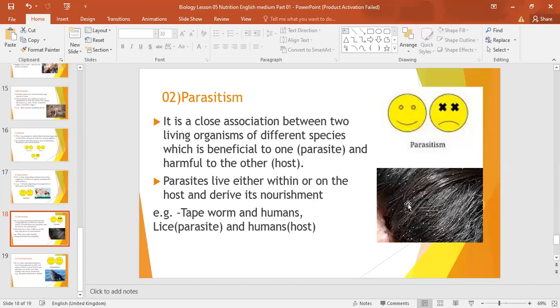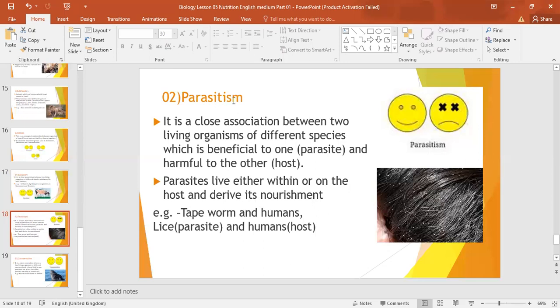But in some cases, like tapeworms in humans, these tapeworms live in our alimentary canal. They get nourishment from our alimentary canal, but they are harmful to us. There is a disadvantage to the host, but an advantage to the parasite.